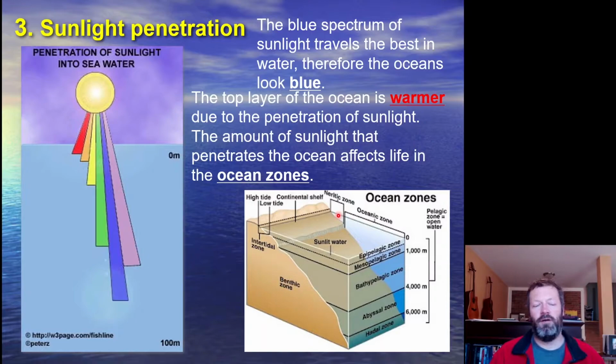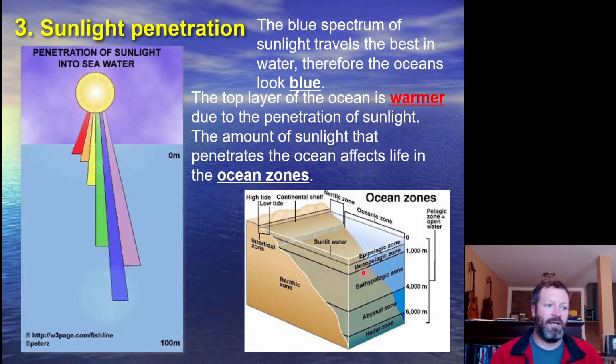The zones of the ocean, as far as the vertical zones, are determined by how far sunlight penetrates, right? Sunlight goes down into seawater only about 300 to 500 meters. By the time you get any deeper than that, you don't get any light.